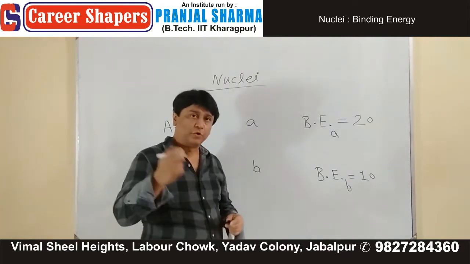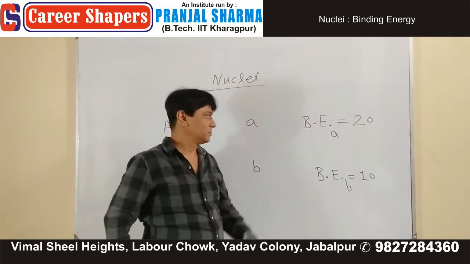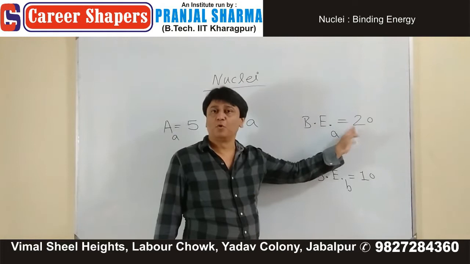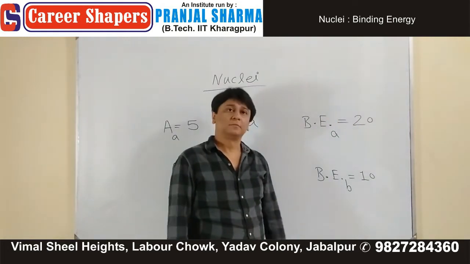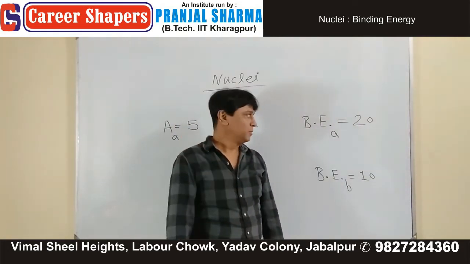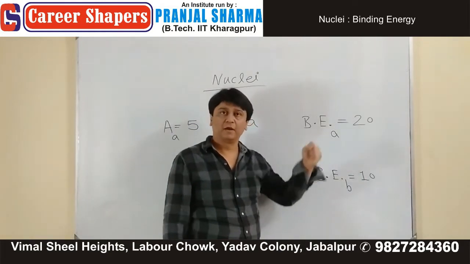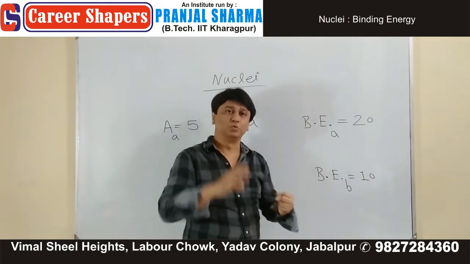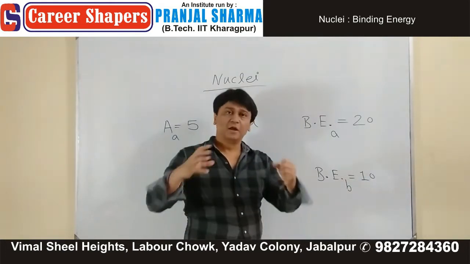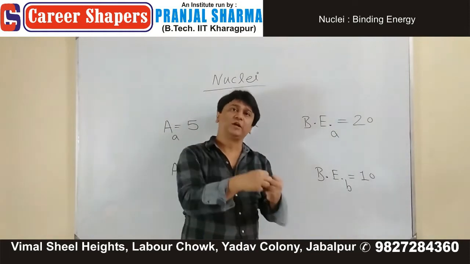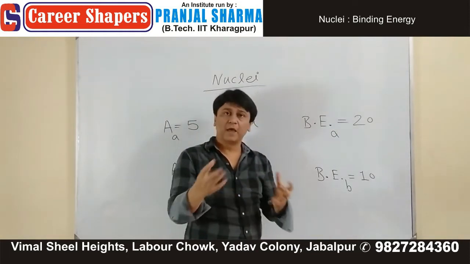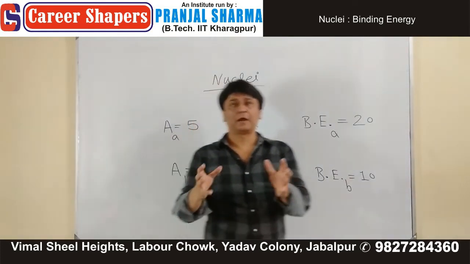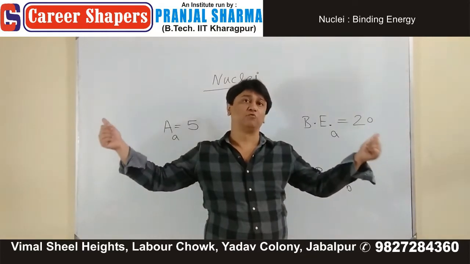So normally what would you expect? This thing should be more stable. Why? Because if you take the nucleus of A and give it 20 joules, just for your understanding, then all the protons and neutrons can be separated and reach infinity.